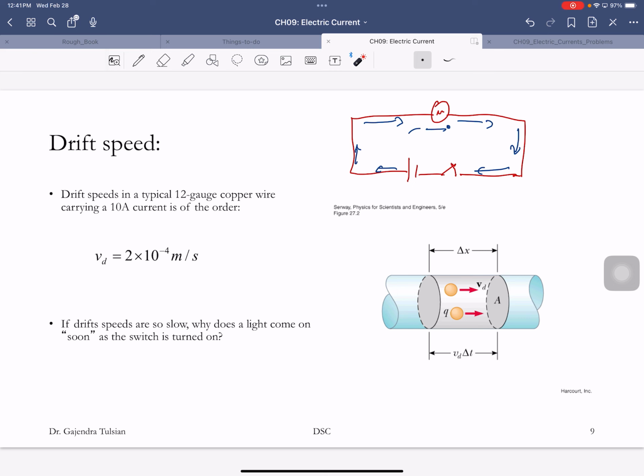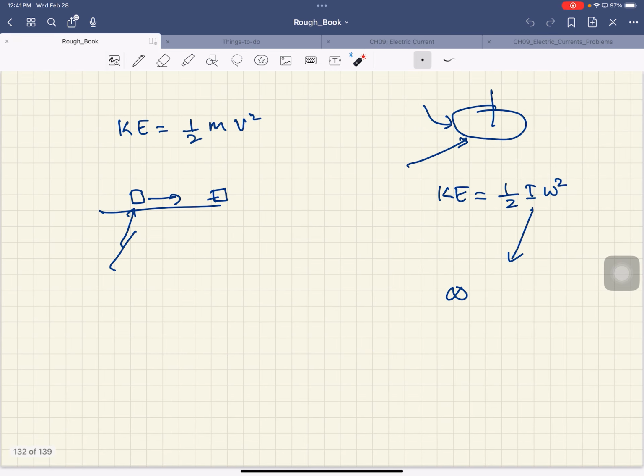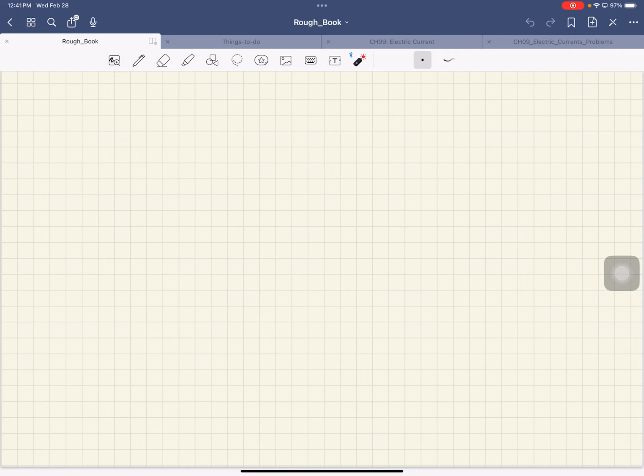All right, let me ask you a puzzle. Imagine the following. This is the sun. Here's the earth.